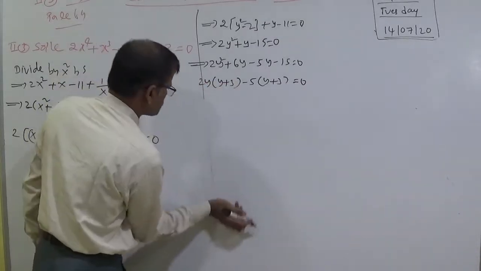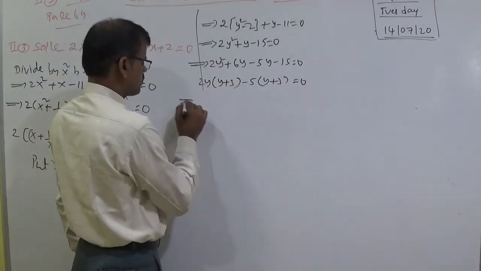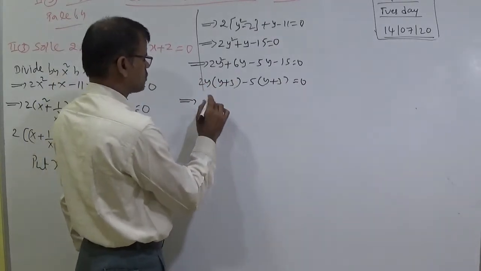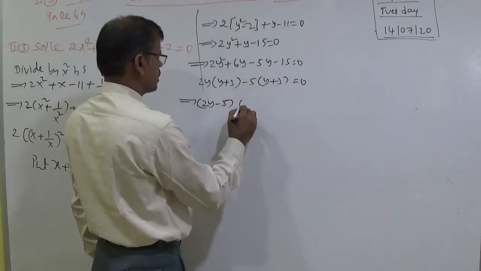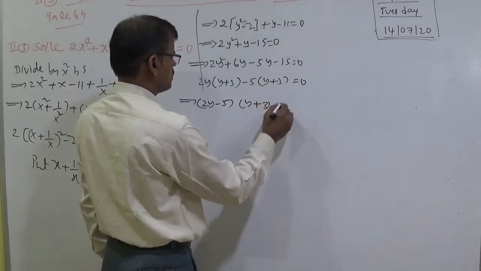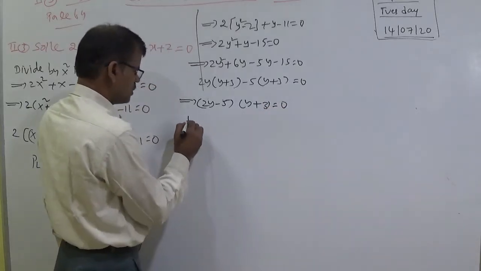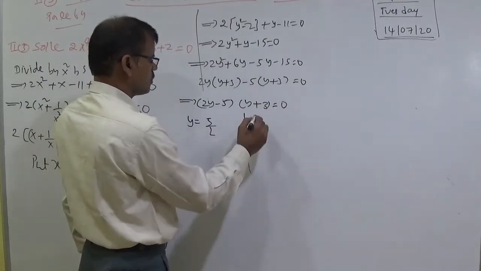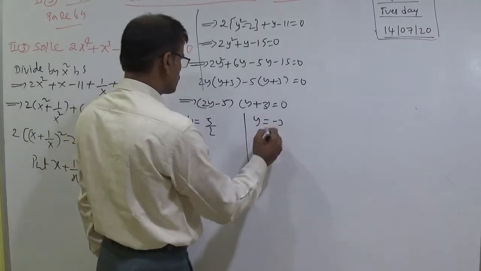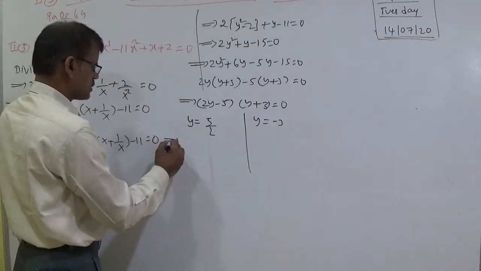That implies we can write 2y minus 5 into y plus 3 equal to 0. Here two cases arise: y is equal to 5 by 2 and y is equal to minus 3.